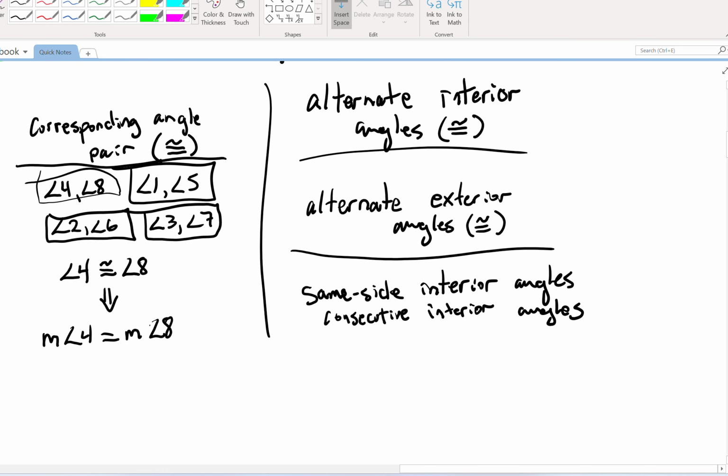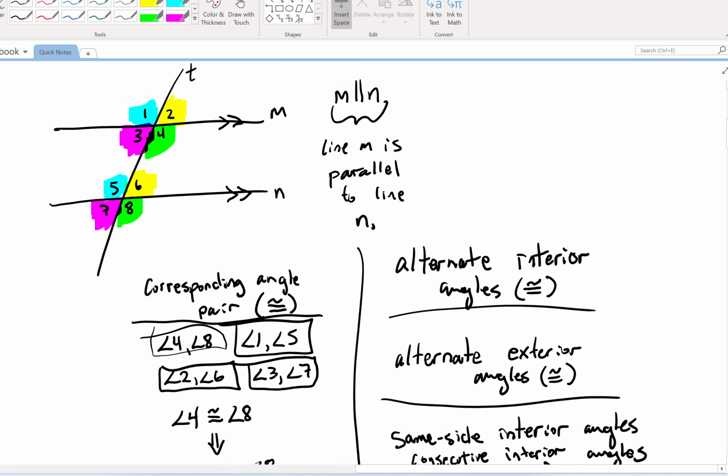These are not congruent, they are supplementary, which means they add to 180 degrees. So let's look at those real quick.